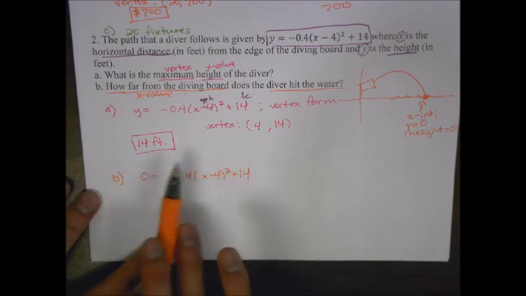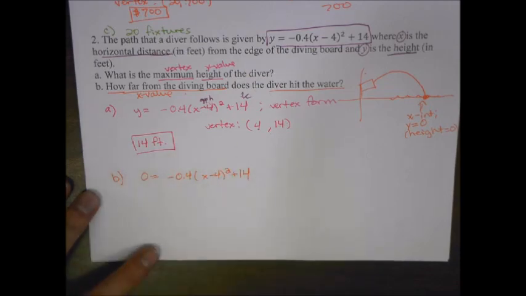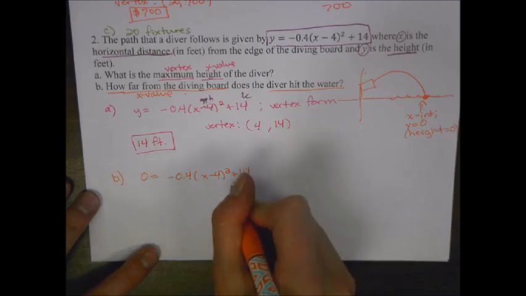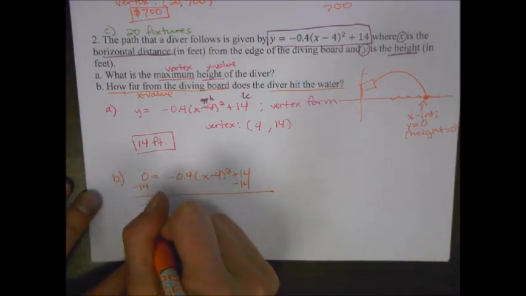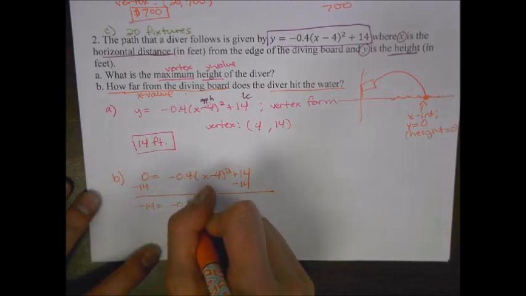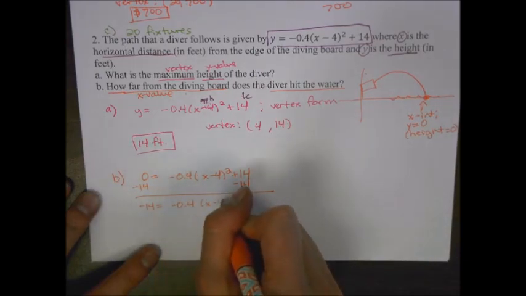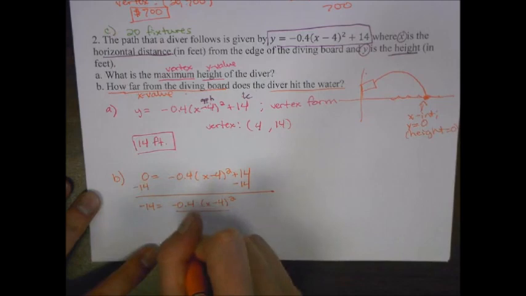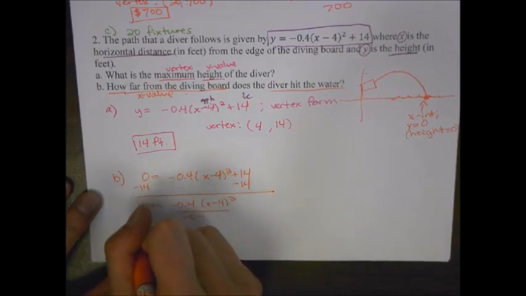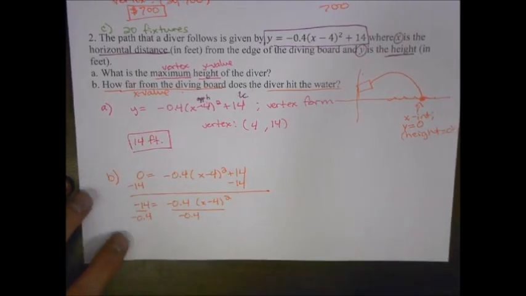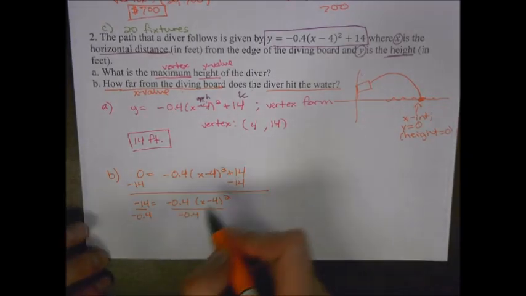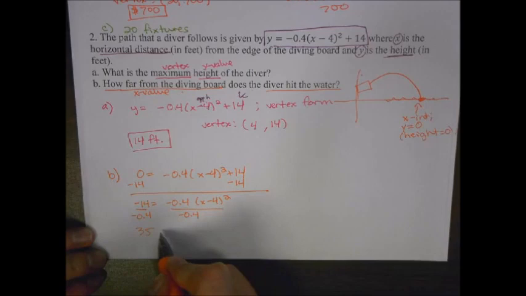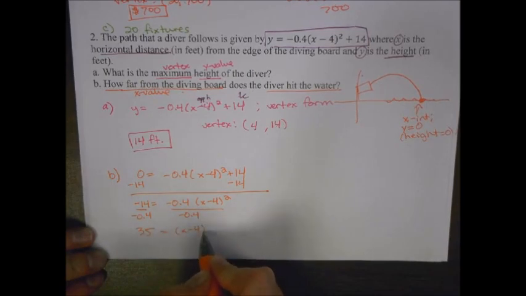When we're in this vertex form, we're undoing order of operations. I'm going to subtract 14. Divide by negative 0.4. I get 35 equals (x minus 4) squared.